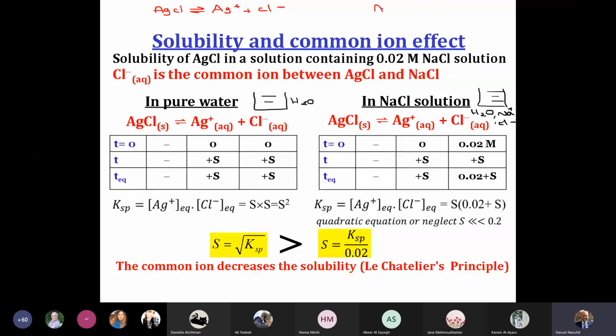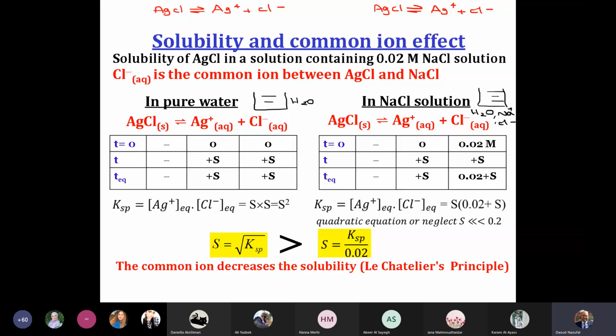And in the second, AgCl will dissociate partially to Ag plus and Cl minus. According to Le Chatelier's principle, if the concentration of Ag plus increases, the equilibrium will shift in the backward direction. Or at equilibrium, if you add Cl minus, the equilibrium will shift backward.